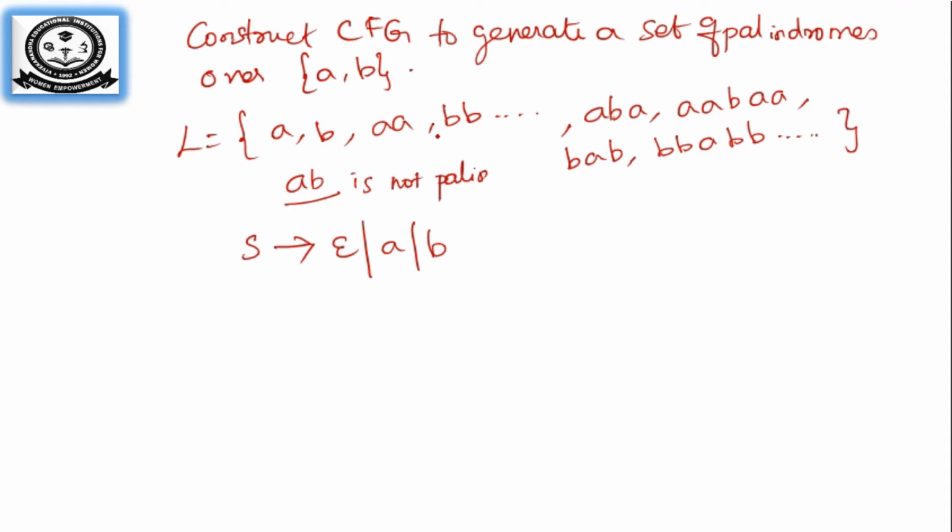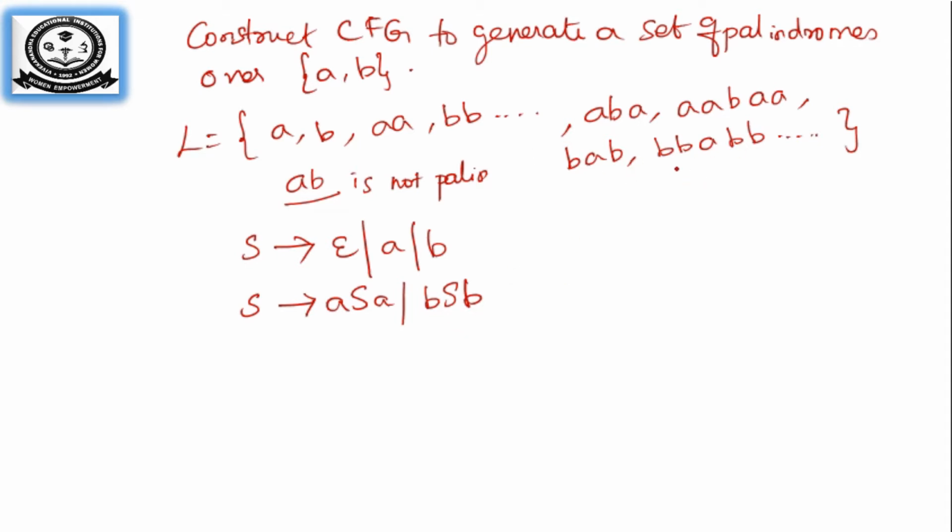If I need multiple A, let us write the rule as S to ASA. So this will generate multiple A. If S is substituted with epsilon, then you can have AA. If you substitute again with the same pattern, you will have multiple A's. Similarly, I can write it for B also, S to BSB. So with this, I can substitute n number of possibilities.